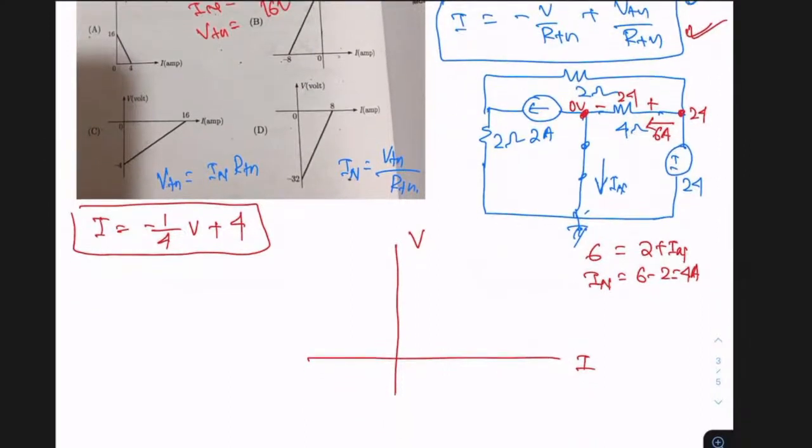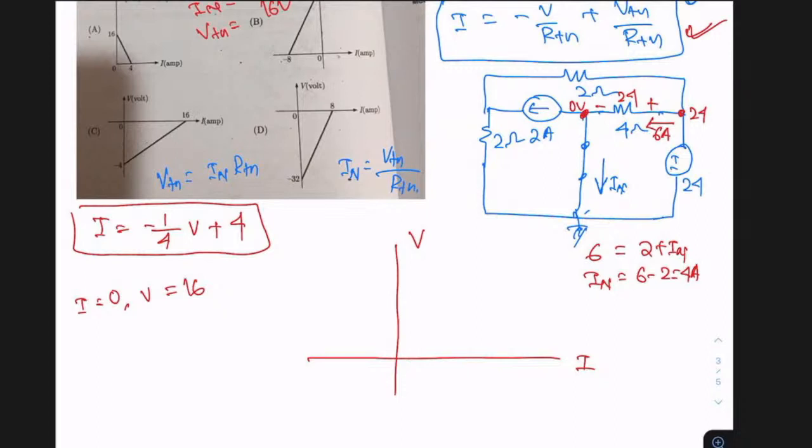Now, if I make I equal to 0, what is the value of V you get? If you make I equal to 0, V is equal to how much? Minus 4, minus cancel, 16. So I is equal to 0 and V is equal to 16.